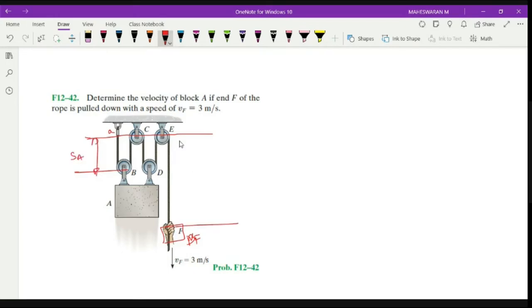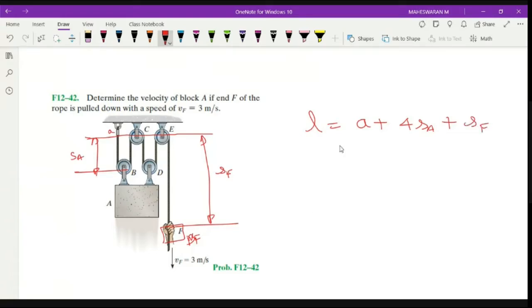And from here to here, this datum plane, I will call it SF. Now what I can say is length L is equal to 4 SA, right, plus SF. This is my overall length.